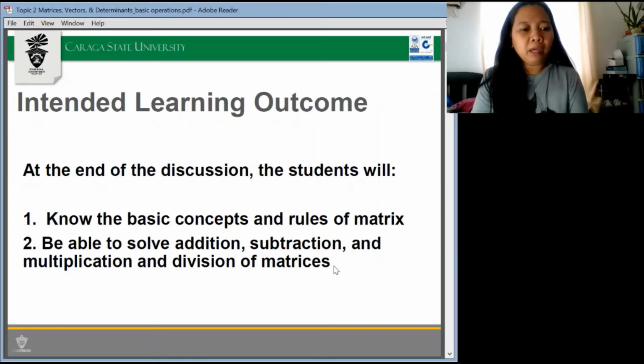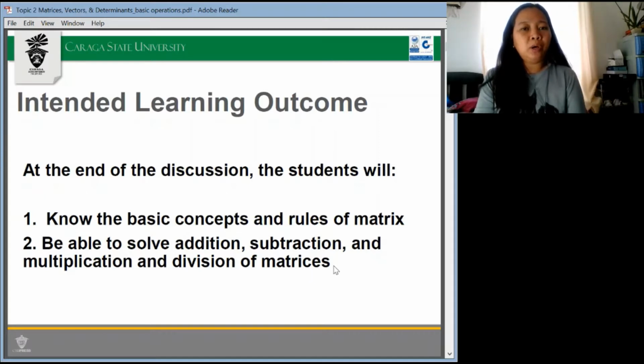Second, be able to solve addition, subtraction, multiplication, and division of matrices. So the basic operations of matrices will be discussed, the rules governing those operations, and of course, we will give you sample problems.